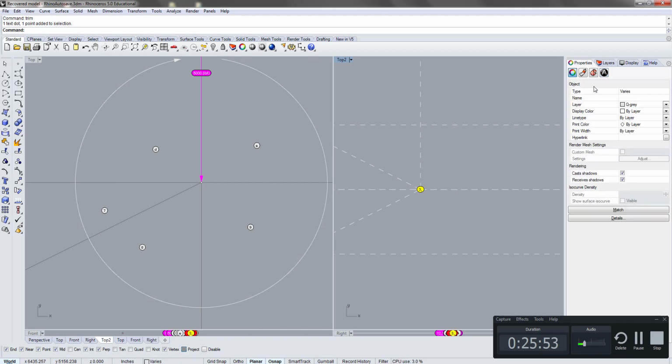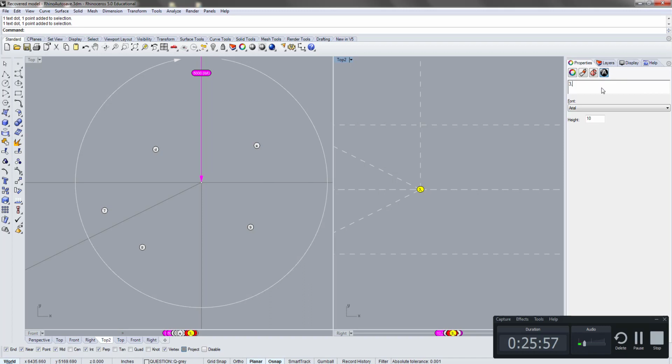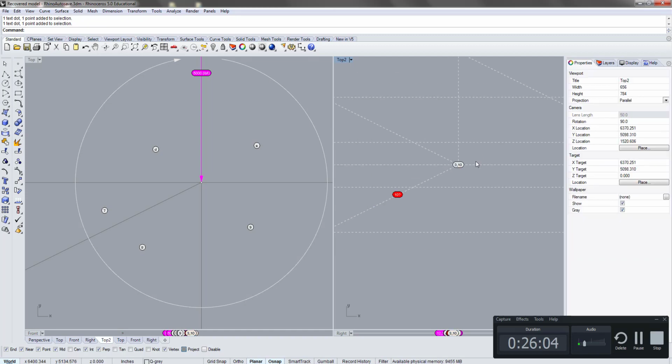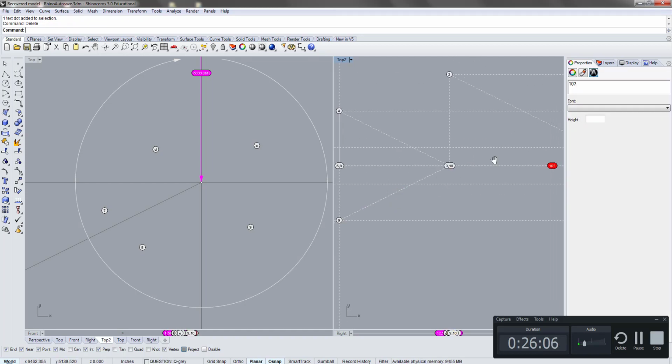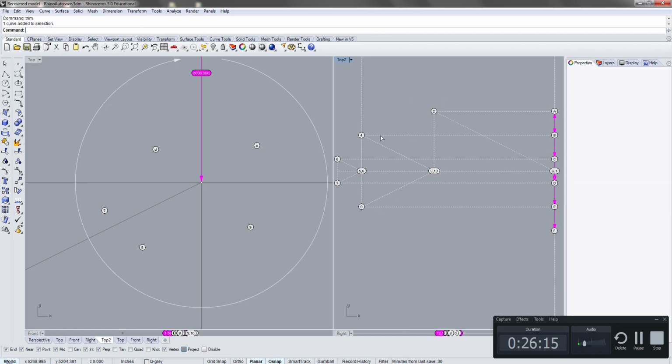So point 3 is also point 10. So that's 3 and 10, right? So that's gonna go away, and again just clean up the diagram.